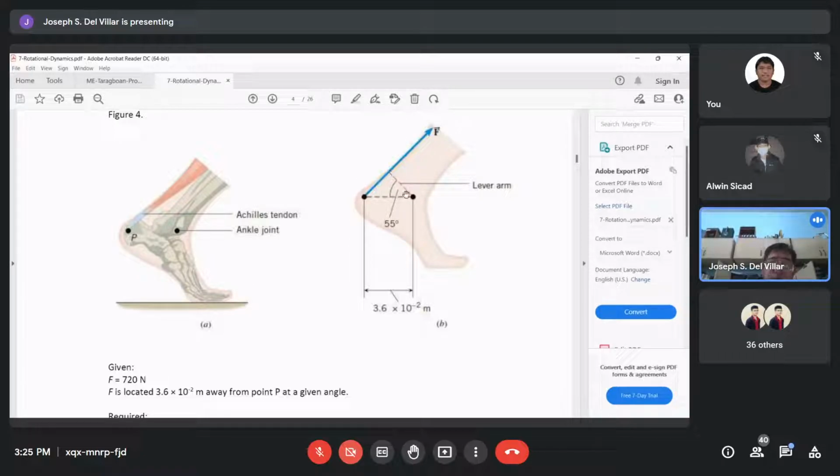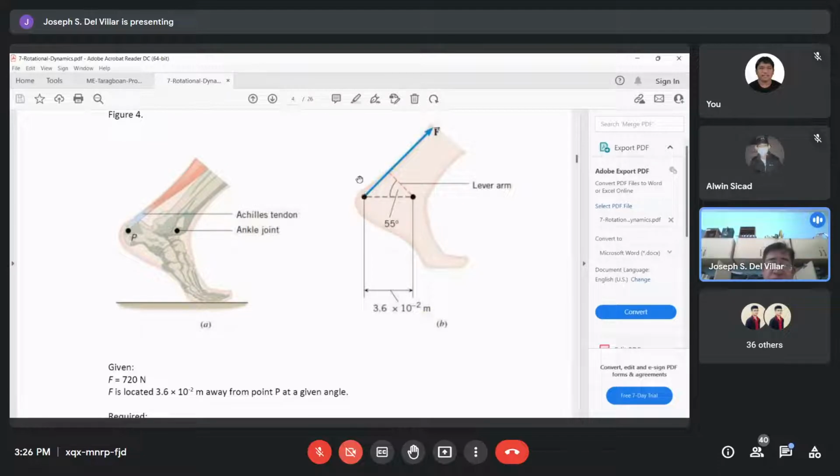Pero, kukunin nyo naman yung lever arm. Okay? Magko-compute kayo ng lever arm, kung gusto nyo gamitin yung 720. Ngayon, kung gusto nyo namang gamitin na lever arm yung 3.6 times 10 to the negative 2, i-compute nyo yung vertical component ng force.